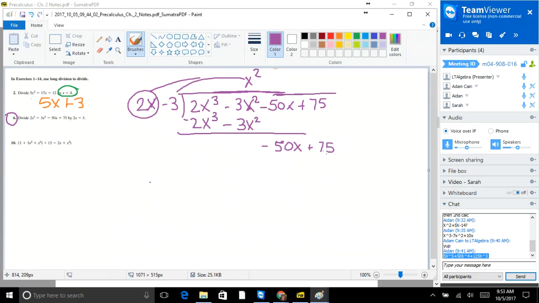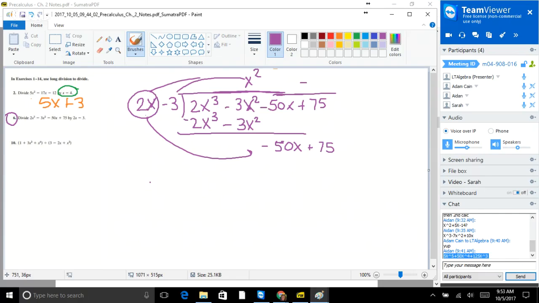So now I need to look at my 2x, and I have negative 50x down here. So what do I need to multiply by to get a negative 50x? I need to multiply by negative 25, right? And I don't want to put negative 25 here because I don't have an x term.